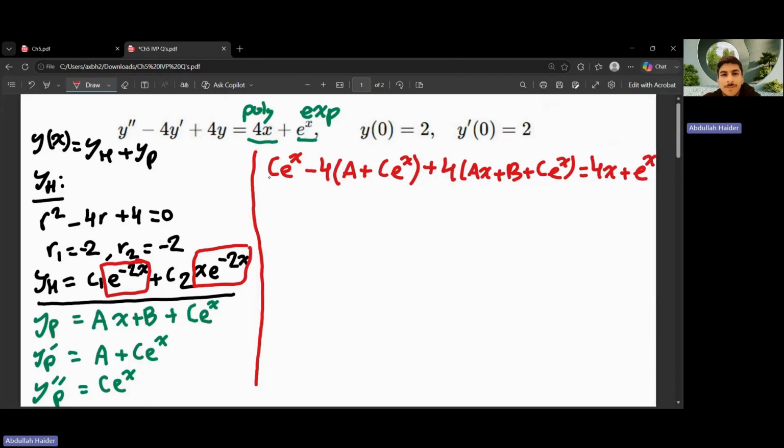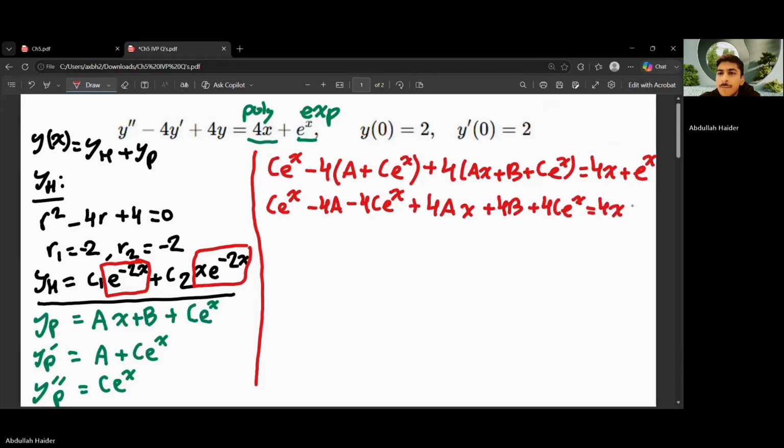So now we expand. We get c e power x minus 4a minus 4c e power x plus 4ax plus 4b plus 4c e power x is equal to 4x plus e power x. Trust me, this question is kind of long, and the next question will be even longer than this.